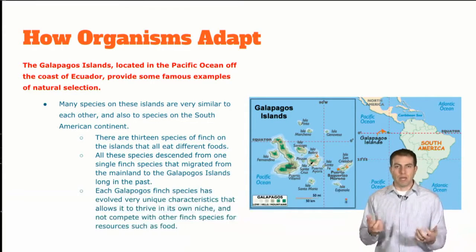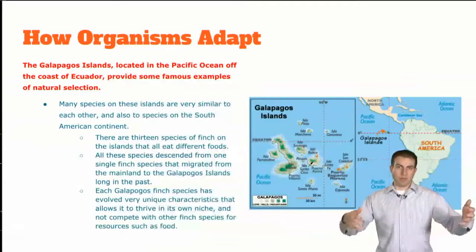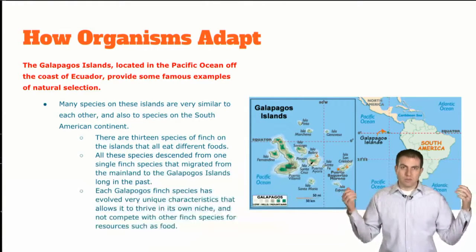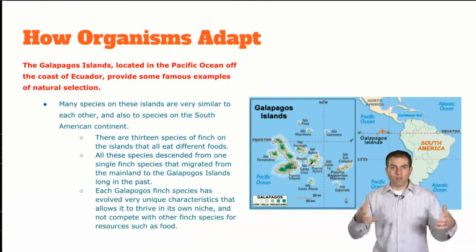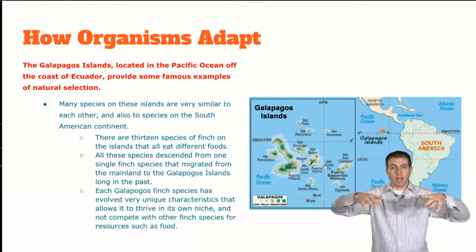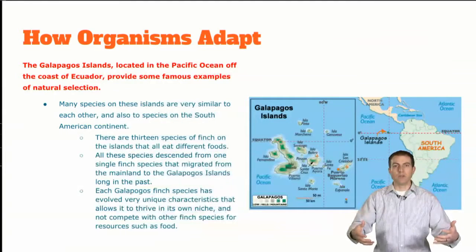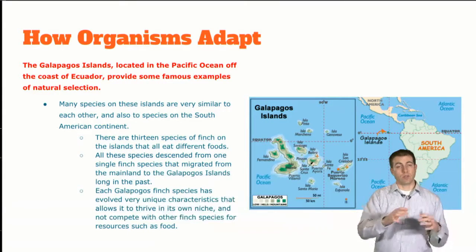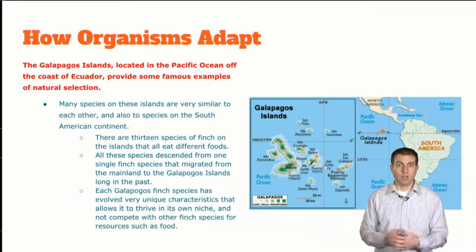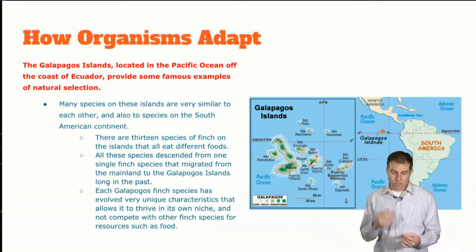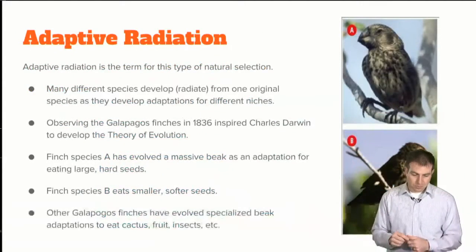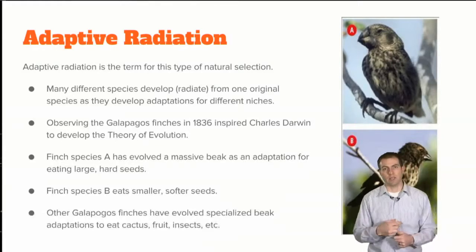And then, if you can imagine being a finch, you reproduce and you have babies, and say you eat seeds. Now, all of these finches have reproduced and populated this island, and they've all eaten the seeds. So now there's not enough food for all of them. So some finches start to die off, or maybe they find a different food source. That was the idea behind the finches on the Galapagos Islands.